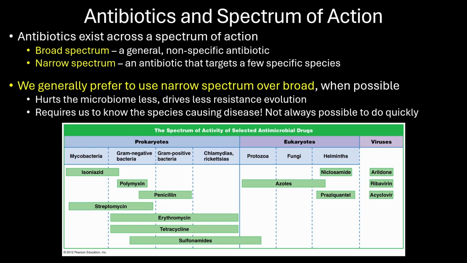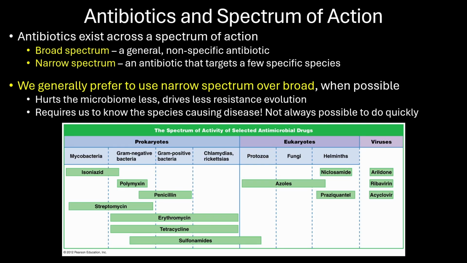Now, we generally, if we can, prefer to use narrow spectrum antibiotics over broad spectrum antibiotics when possible. Narrow spectrum antibiotics are naturally very specific, and so if we can use those specific antibiotics first before relying on the broader antibiotics, we can hopefully avoid risks that are associated with those broad spectrum antibiotics.